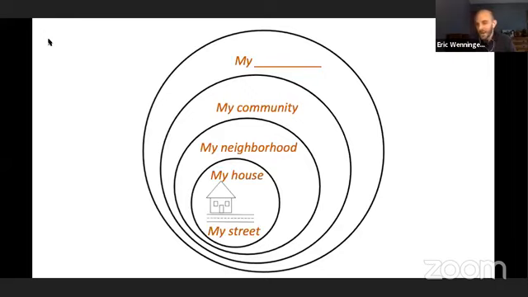Okay, now some of you might have already anticipated, right? We're going from smaller to bigger. And that's what I wanted to show to my students. So we start from my house and even my street and maybe my yard, right? The smallest. And then we get a little bit bigger, my neighborhood, the streets and surrounding blocks in my neighborhood. And then finally the community, right?